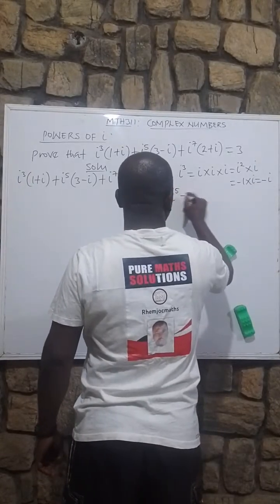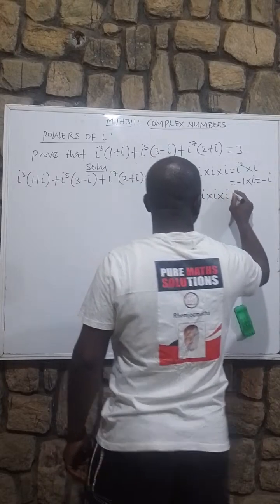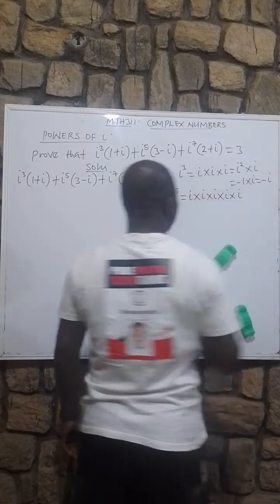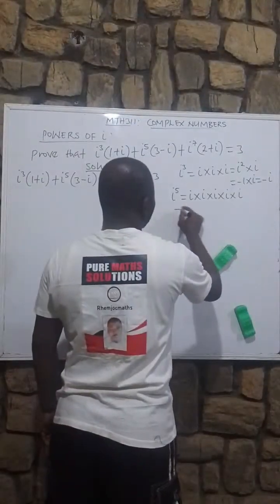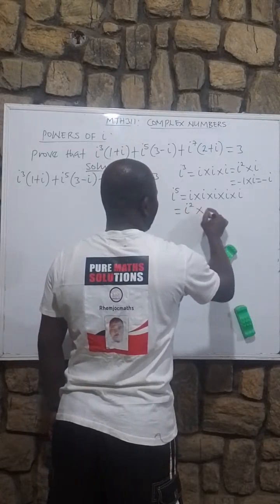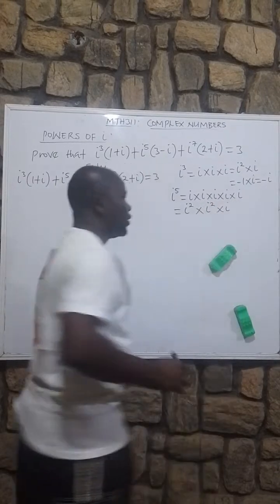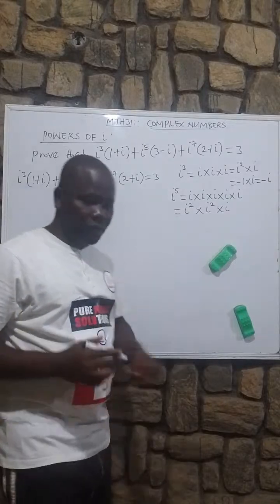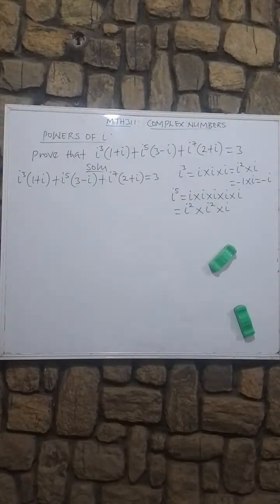i raised to the power 5 is i times i times i times i times i, right? So this is equal to i squared times i, let us reduce it in that form. True or false? Any question? Do you have any question at this point?